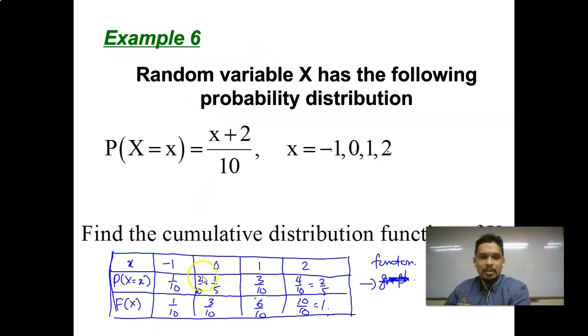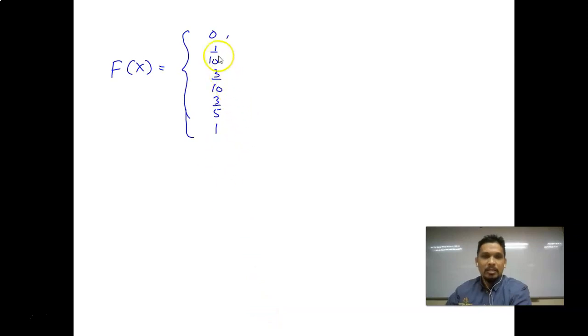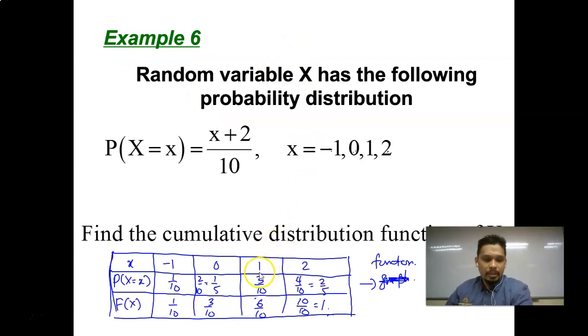So what are the values we found just now? 1 over 10, 3 over 10, 6 over 10, simplified as 3 over 5, and then 1. So for this one, x less than negative 1, otherwise, besides negative 1, 0, 1, and 2, the rest of it is 0.